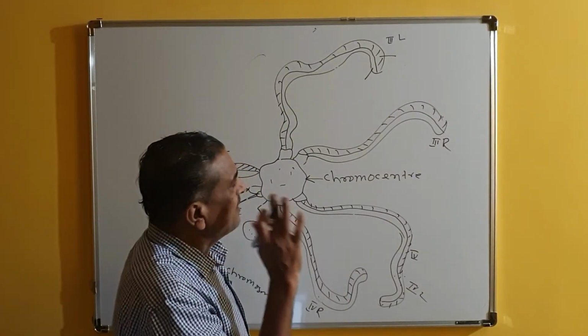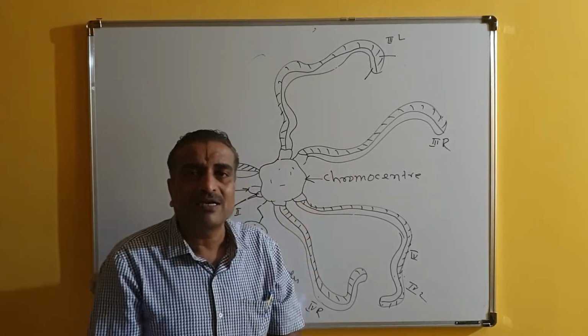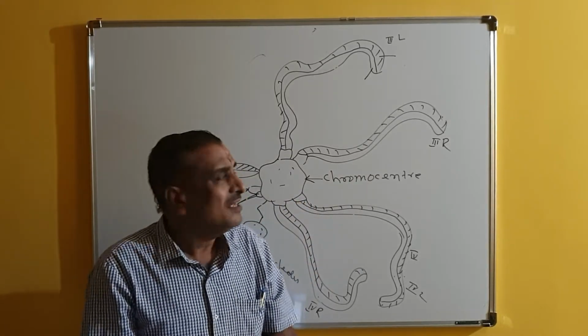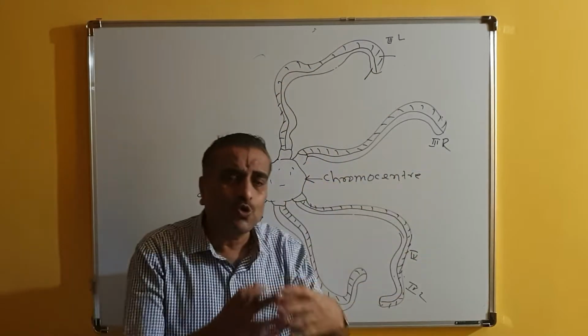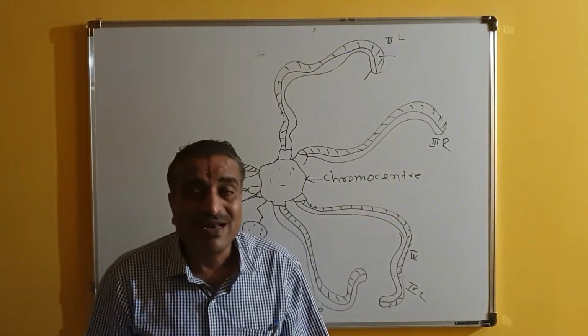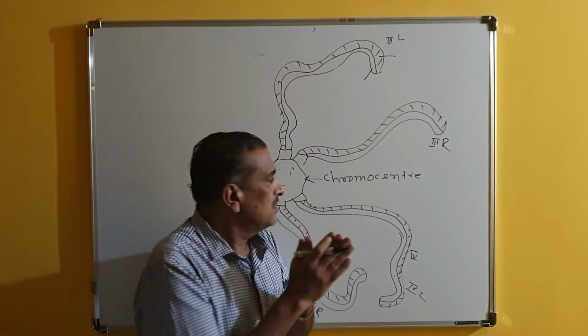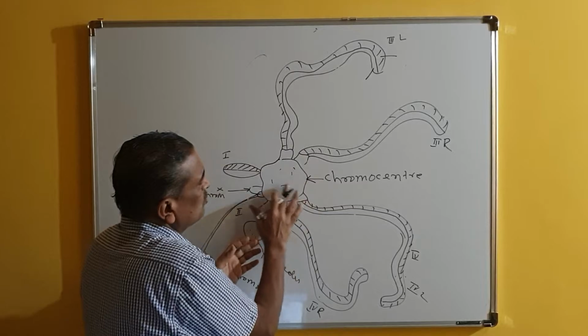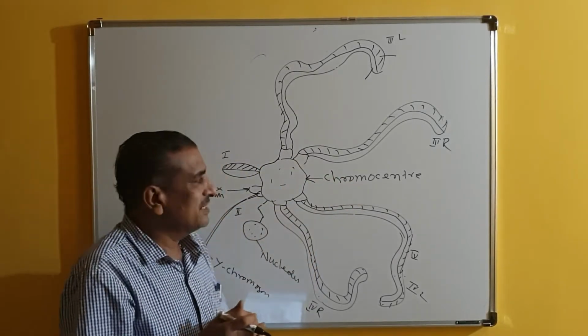So one speciality of this one is this contains many chromonemata. Chromonemata are many, and from one end to the other end, the 2 chromosomes, bivalents what you can call, they are fused, and the centromeres of all the chromosomes are united here. It is called as chromocenter.